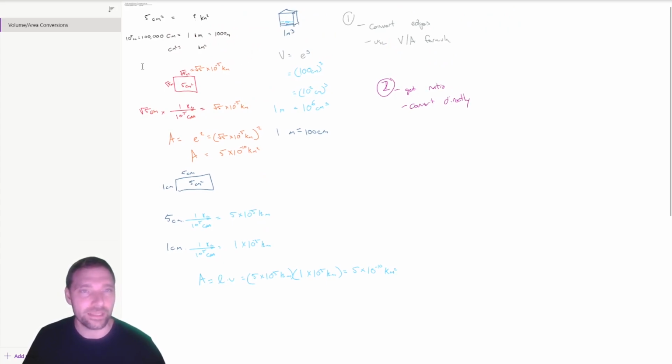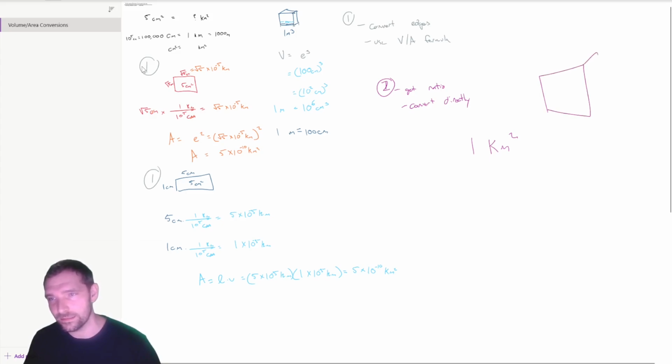When you convert the edges directly and then use the formula. You can also get the ratio. So if we think about 1 cubic kilometer, each one of these edges is 1 kilometer, and we're saying, well, how many centimeters is that?